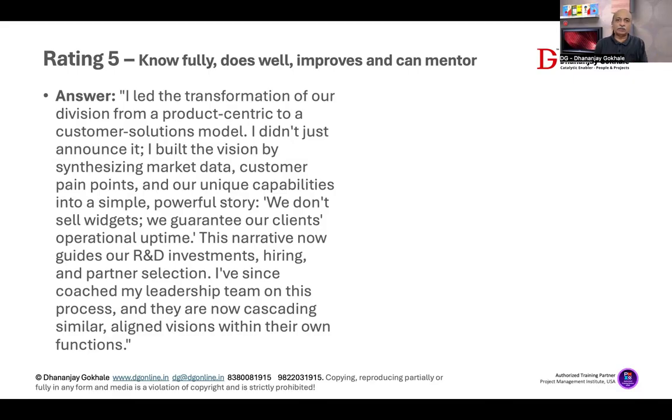We don't sell widgets. We guarantee our clients operational uptime. So that person knew exactly what he was up to. This narrative now guides our R&D investments, hiring and partner selection. In fact, I have since coached my leadership team on this process, and they are now cascading similar aligned visions into their functions. Look at that. This fellow has a mentoring ability, right?